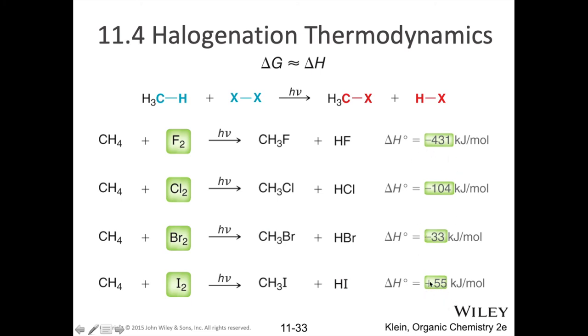Whereas for iodine, overall, the energy released by forming these carbon-iodine and hydrogen-iodine bonds is not enough to compensate for the energy it costs to break your carbon-hydrogen and iodine-iodine bonds. So this winds up being an endothermic reaction as opposed to these exothermic ones.